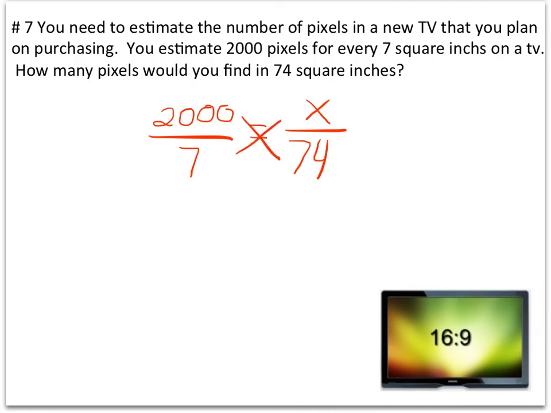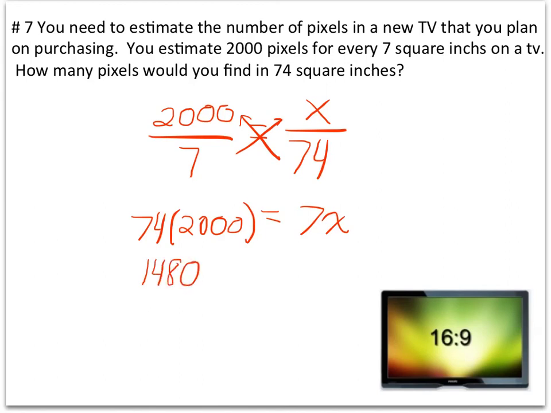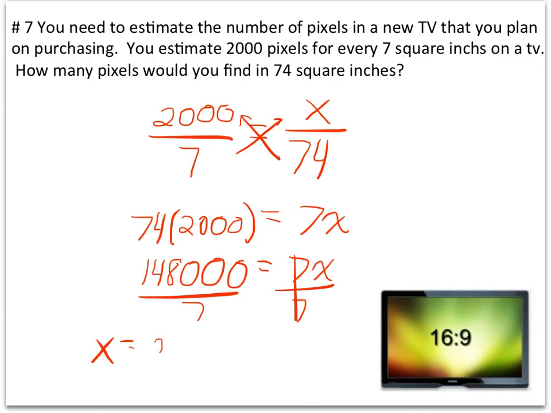Now taking the cross product, 74 times 2,000 is equal to 7 times x. 74 times 2,000 is 148,000, equal to 7x. And finally, solving for x, divide both sides by 7. x is equal to the number of pixels that we were looking for, which is approximately 21,143 pixels.